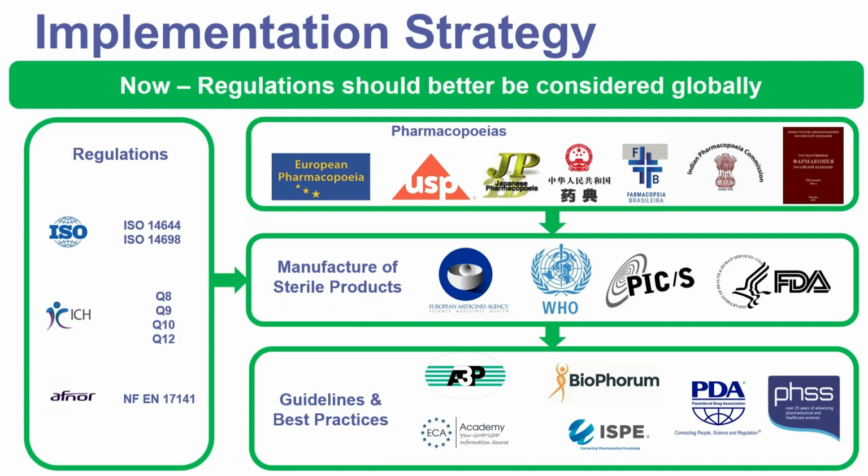The same, there is a connection with other international regulations, with ISO, for example ISO 14644, but also ICH with Q8, Q9, Q10, and Q12. Some associations also indirectly give elements on how to implement the regulation, and some guidelines and best practices are defined in F3P, Bioforum, PDA, PHSS, ISPE, and ICA documentation.